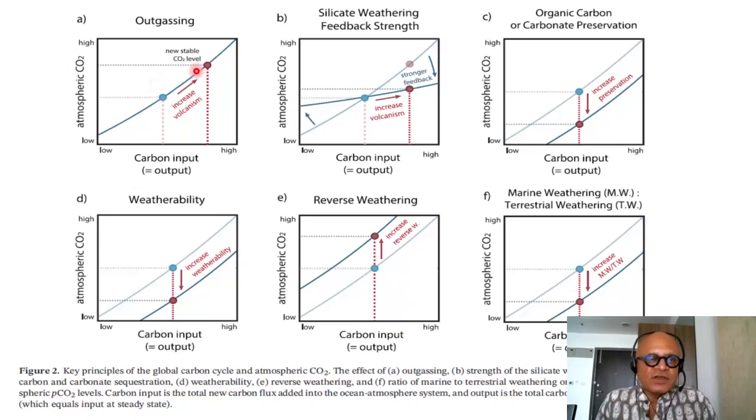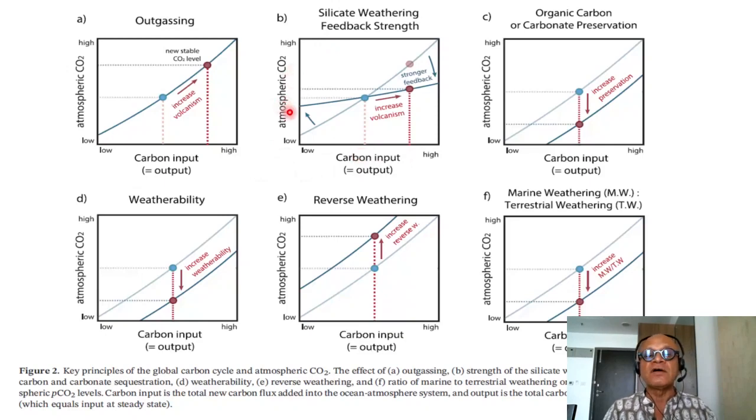Remember, we invoked it during the Snowball Earth episodes, where even if the entire planet was frozen over, volcanic activity would continue and CO2 would build up in the atmosphere and begin to melt or terminate the Snowball Earth episode.